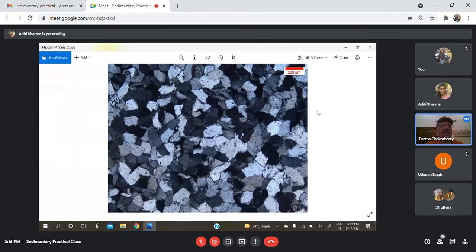Should we show the lithic arenite also today? I have the photographs. If you say, I'll show the pictures. Yeah, please show the lithic wacke or lithic arenite, whatever you want.